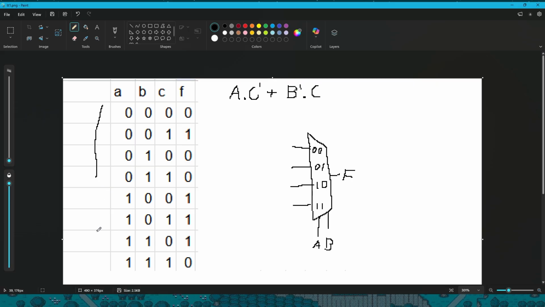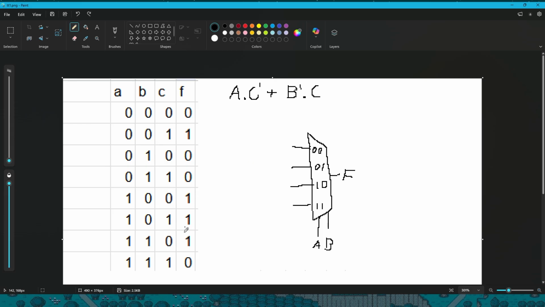We'll have A is on, and then we need when C is off, so it's going to be this one and this one. And then it's an OR, so then we'll go to B right here, which is going to be when B is off, so it's these two or these two. And then we're going to look at when C is on, so it's going to be this one and this one. And as you can see, these all line up with when F is 1 right here.